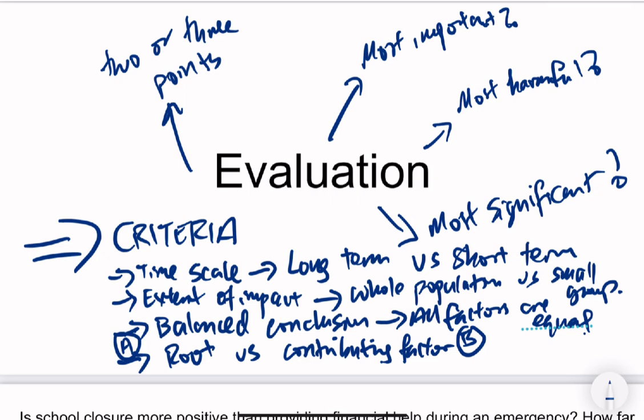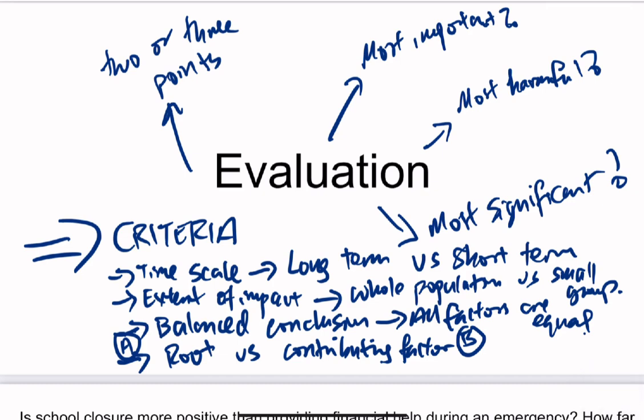So for example, without the cooking of food, we will not have food to eat. So the root factor is the cook that is cooking. The contributing factor is we ended up finishing all the food. So something to that extent.